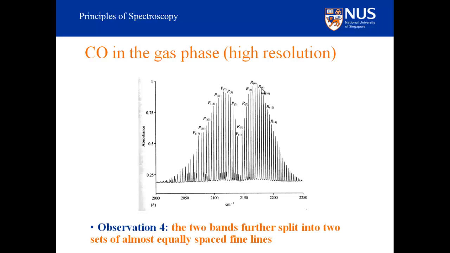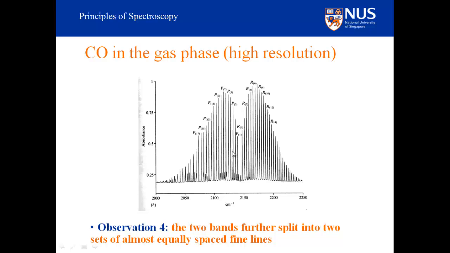So the next observation is that the bands can further split into two sets of almost equally spaced fine lines. Notice the difference between any two lines is roughly the same. However, closer inspection shows that these lines are getting closer and closer as we move to higher and higher frequencies.